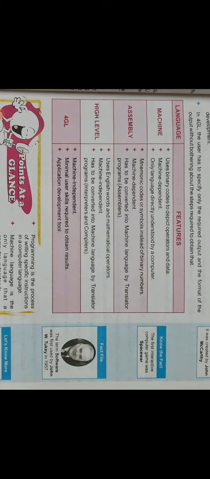The development of computer languages can be classified into dash categories. How many languages we have? 4. The development of computer languages can be classified into 4 categories. Next one, number 3. Dash language consists of sets of binary numbers, that is 0 and 1. What language? Machine language.